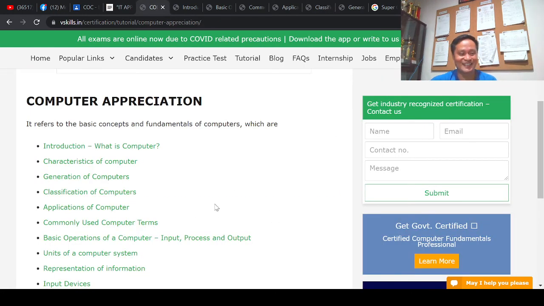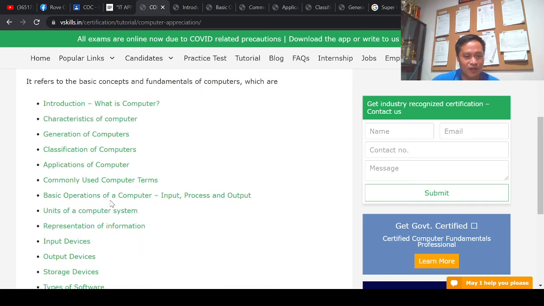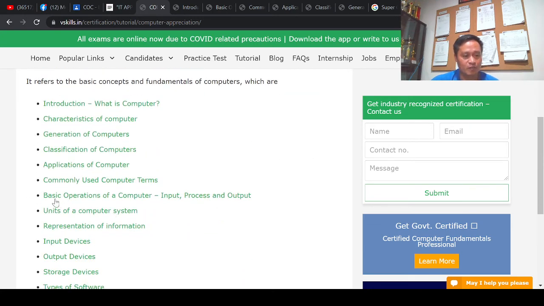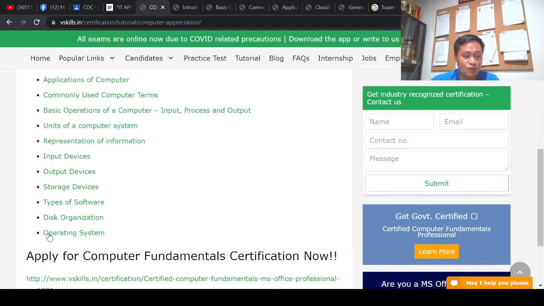Okay, those are the different classifications of computers. The next part of computer appreciation is basic operations in a computer: input, process, and output, which I'm going to discuss in a separate video. And from here it goes down to the operating system, types of software, storage devices, output devices, and input devices, for my next video.